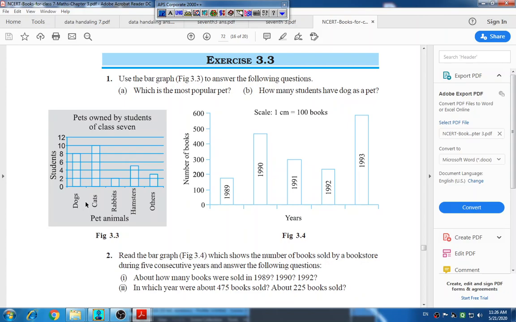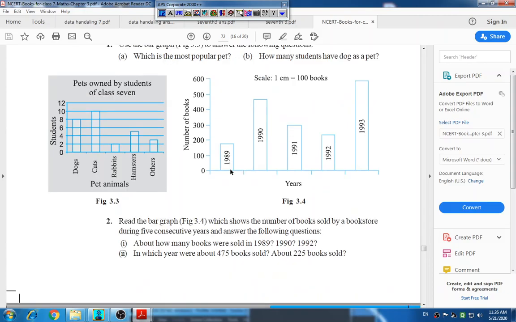In this figure 3.4 they give us the number of books, and the scale is 1 centimeter equal to 100 books. So 0, 100, 200, 300, 400, 500, 600. And the horizontal line gives us the information about the years: 1989, 1990, 1991, 1992 and 1993.